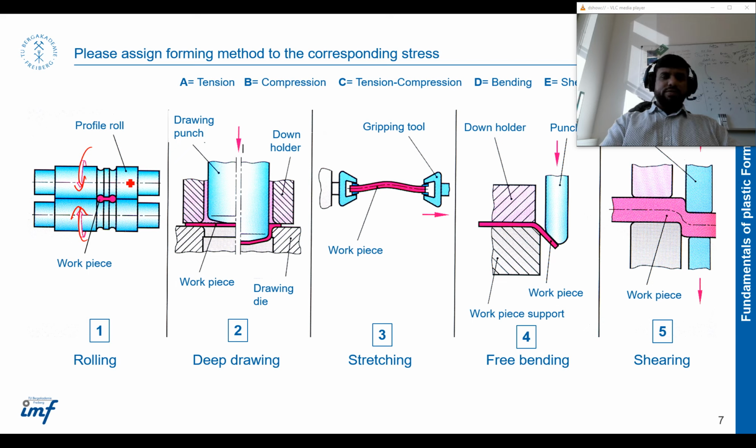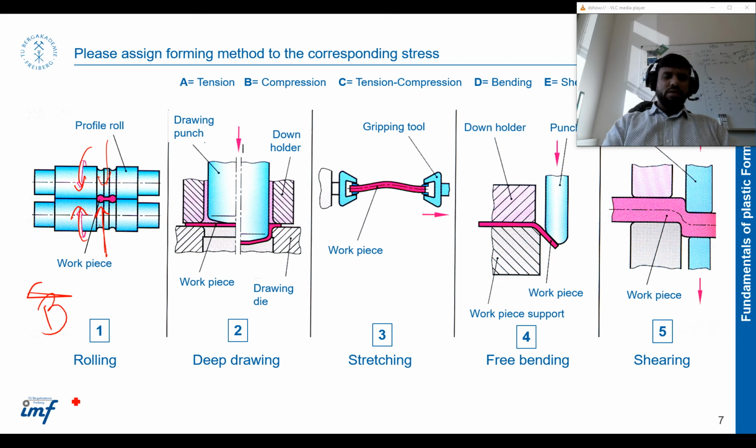So what happens is that the material is going through the rolls and load is only being defined in this direction, which shapes the material into the desired shape.